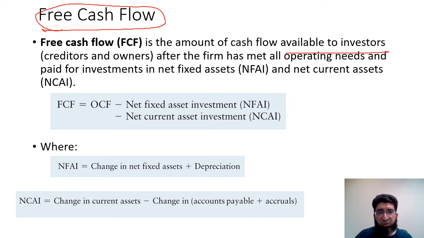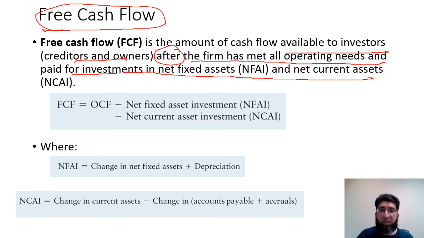Investors include both creditors and owners, which means stockholders and bondholders both, after the firm has met all operating needs and paid for investments in fixed assets and net current assets. So they have paid for everything, and what is left is for these two investors, creditors and owners. That's why free cash flow is very important.